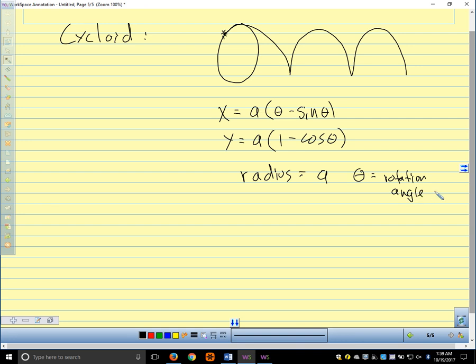So you say theta equals 0 when you pick a particular point on your bicycle wheel when it's horizontal. Theta equals pi over 2, theta equals pi. So as the point on your wheel rotates, your parameter is the angle through which it has rotated.